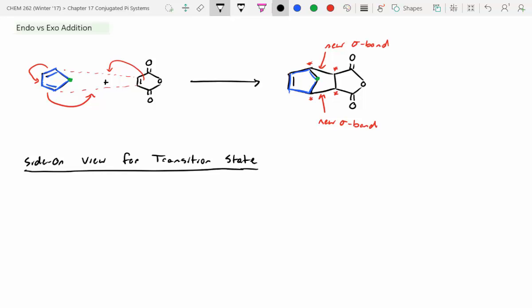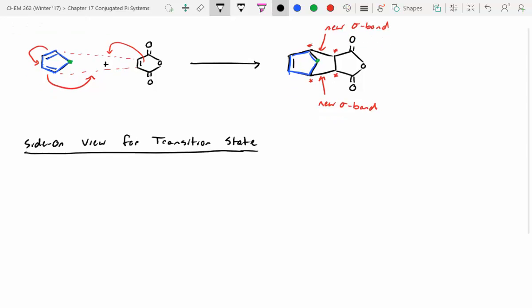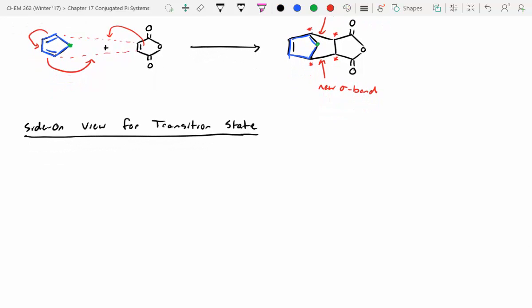We'll try to account for those 4 stereocenters in our product. Okay, so I'll draw this ring system kind of side-on like that. So that's my diene kind of floating around. And then we've got our dienophile, which we know is kind of underneath.